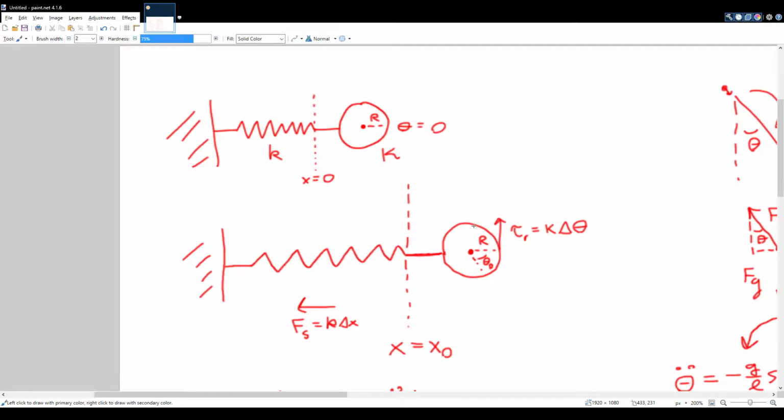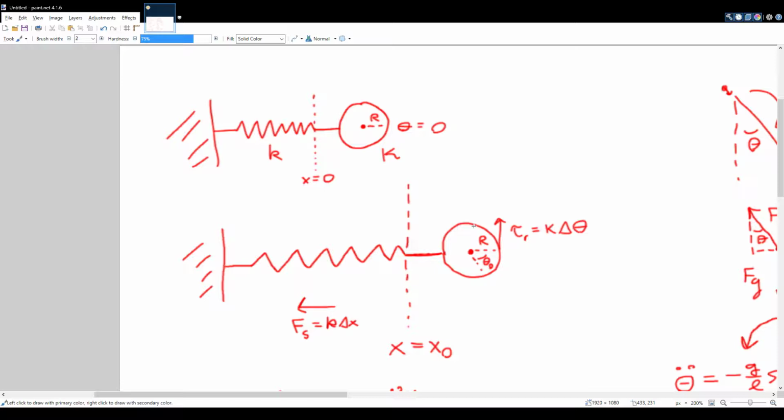So the system is a disk attached to a torsional spring, which is also attached to a linear spring. And then initially, the spring is pulled a distance x0 away from its initial equilibrium distance, and then the disk that's attached to a torsional spring is pulled an angular displacement theta 0 away from its equilibrium position.